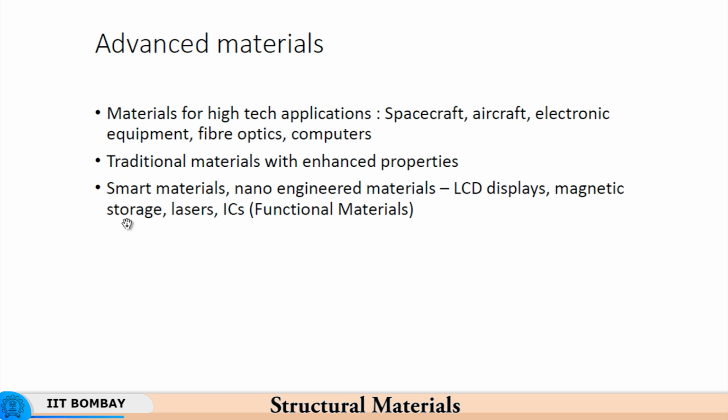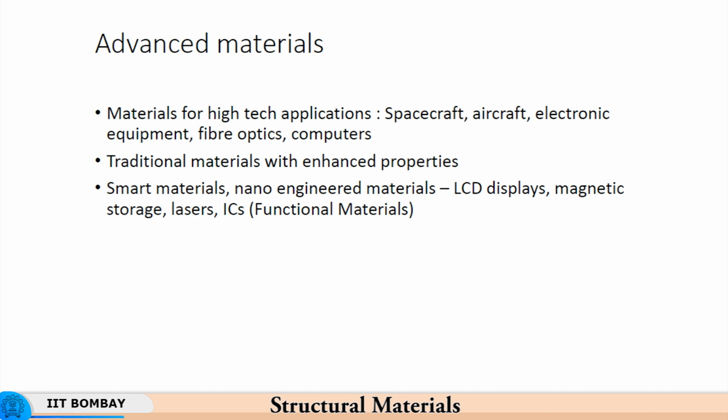There are many so-called advanced materials which are able to withstand a big variety of in-service conditions. So you have high-tech applications, spacecraft, electronic equipment. Now electronic equipment would obviously employ functional materials, because functionality is what people are looking for.